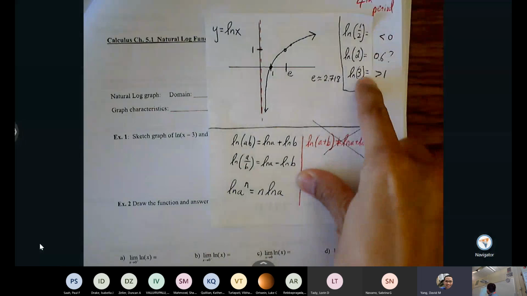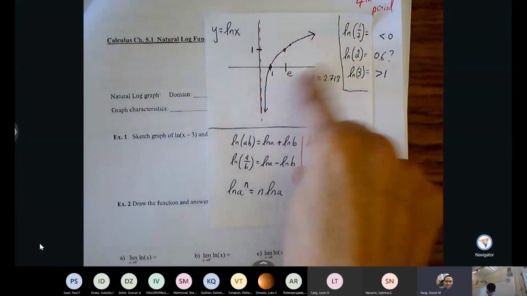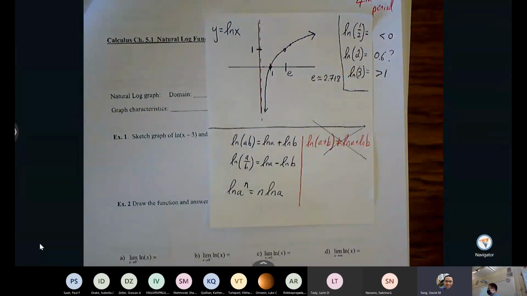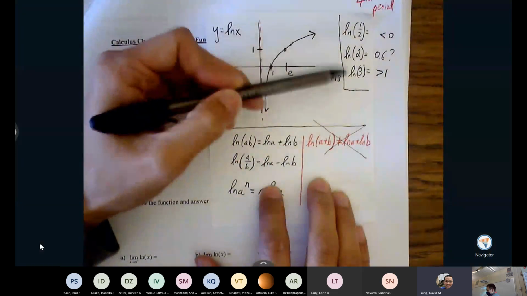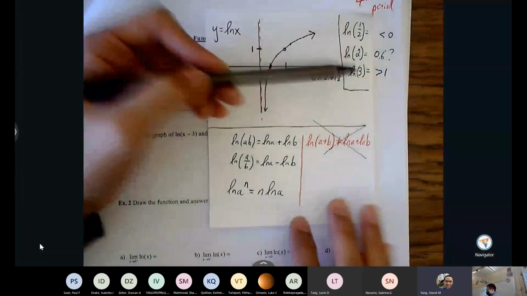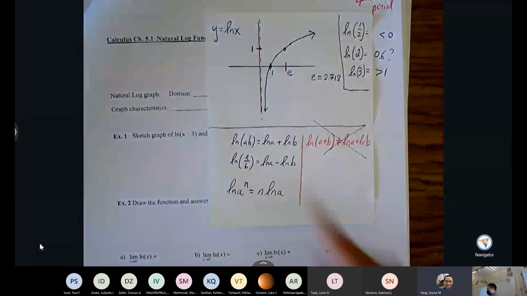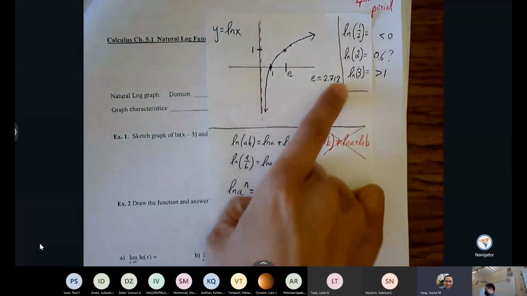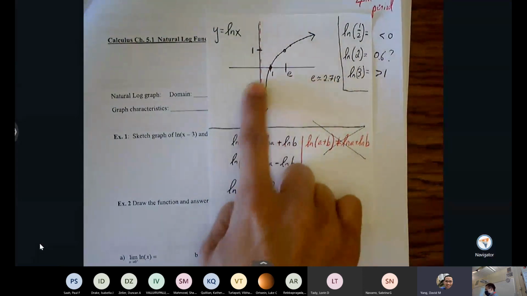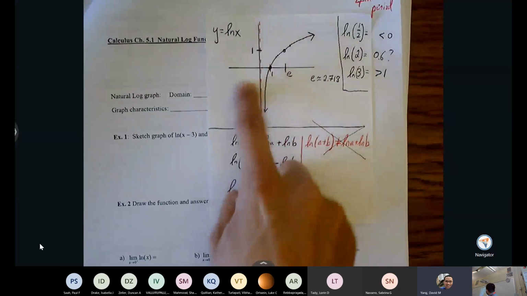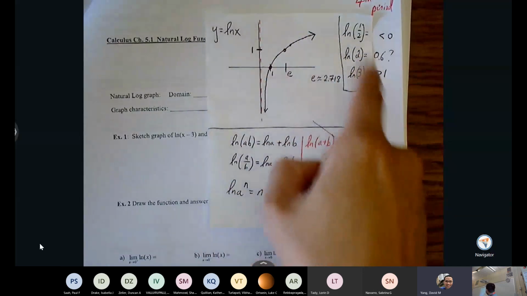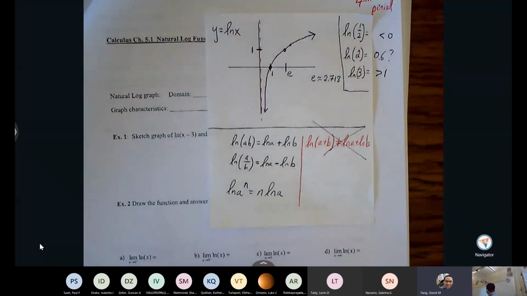Okay, so just knowing some values. Now, other natural log values, we can expand, but basically just knowing this information is enough to find any log values, really. But just so that we don't feel so helpless and lost without a calculator, just by having this graph in front of us, we have some general idea where values are going to land.